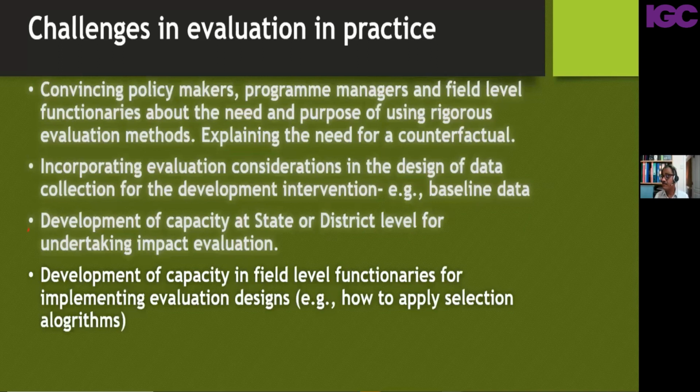Will the field level functionary know how to do a random selection of beneficiaries? Do they have the kind of understanding of the algorithms? Do they have access to a sampling frame? So those types of issues are really the challenges in evaluation in practice.